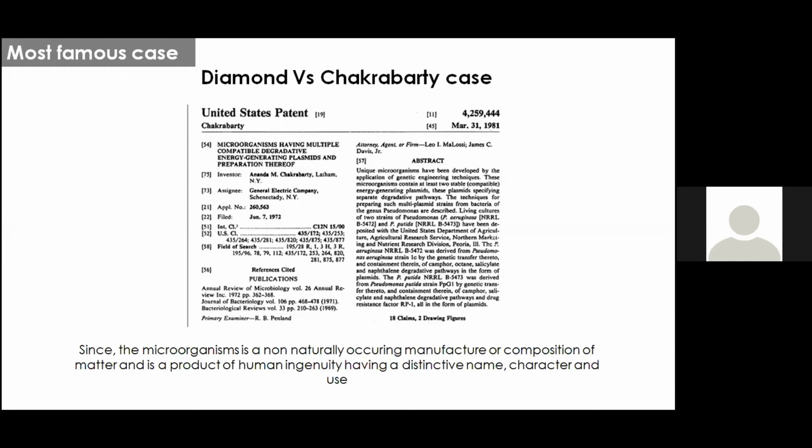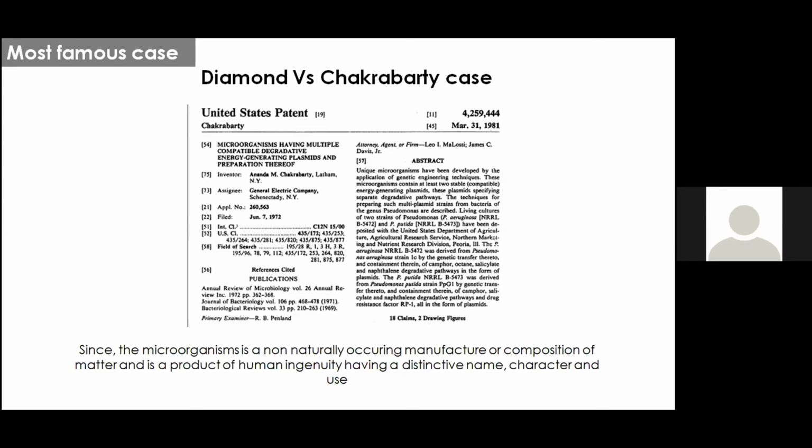So, what the Apex Court has said is that the microorganism which Chakrabarty has made was not available in nature. The name was new. It means that the whole identity of the microorganism was new, and thus they accepted the patent, and it was also complying with several basic criteria.